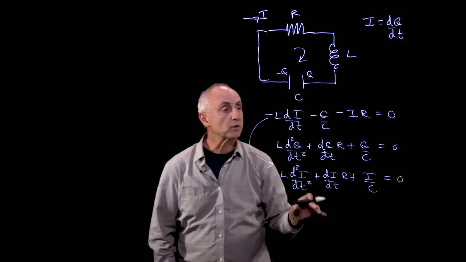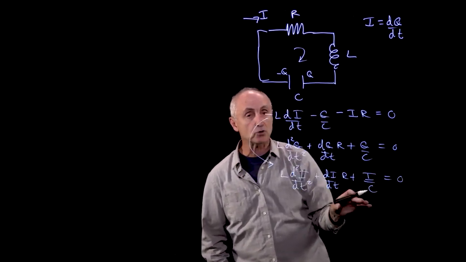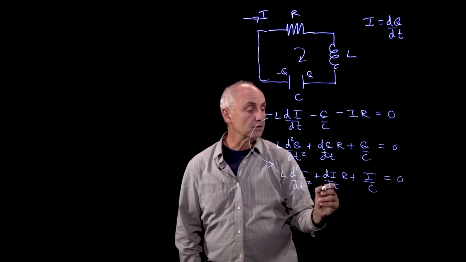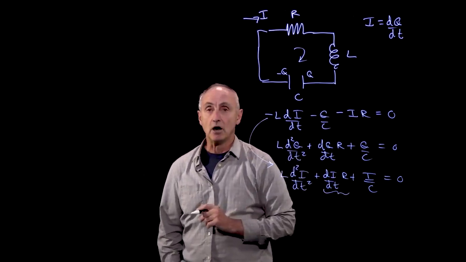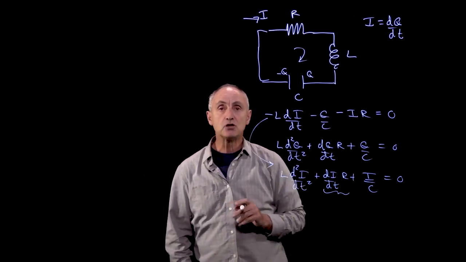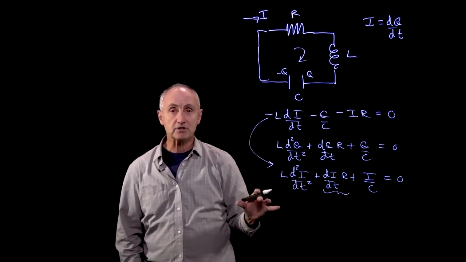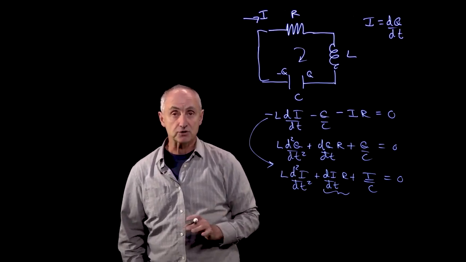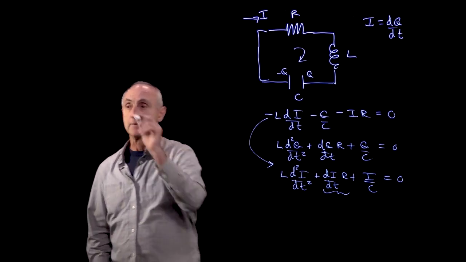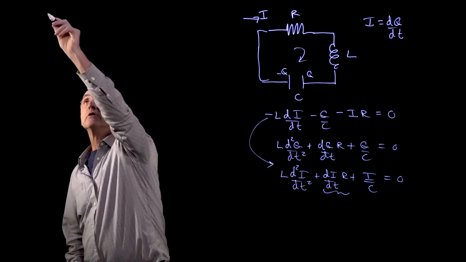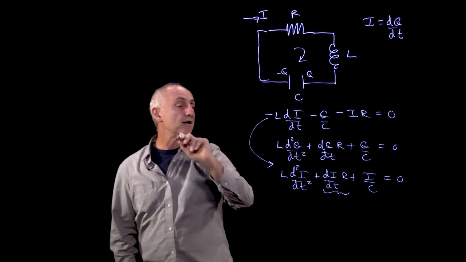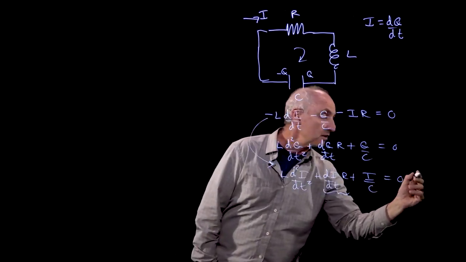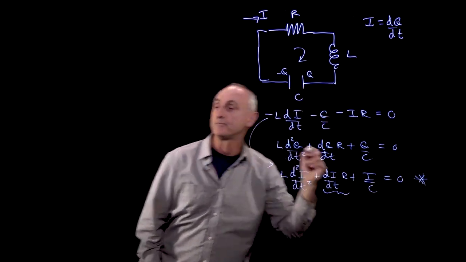So in both cases, we have a second-order linear differential equation with a damping term, this term dI/dt R. And now what we'd like to do is show the power of complex numbers, actually complex functions, to solve this equation. Let's focus on this equation first for current.